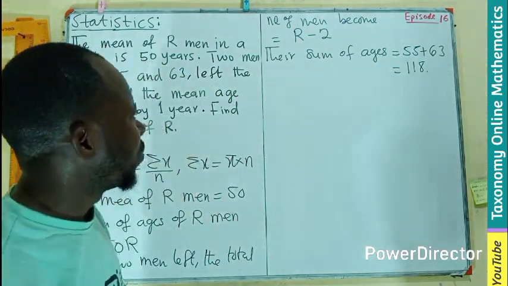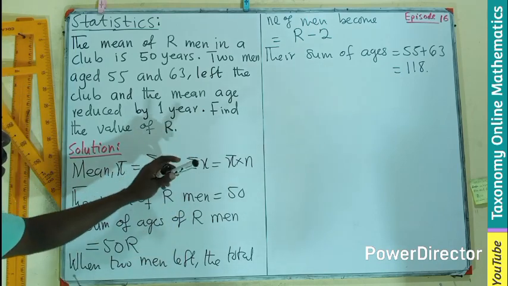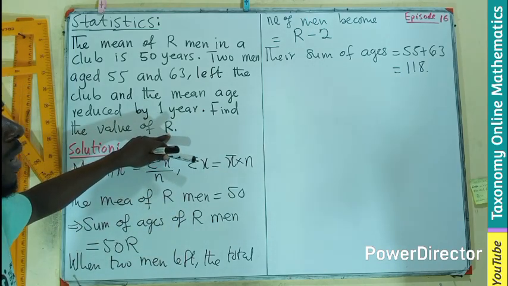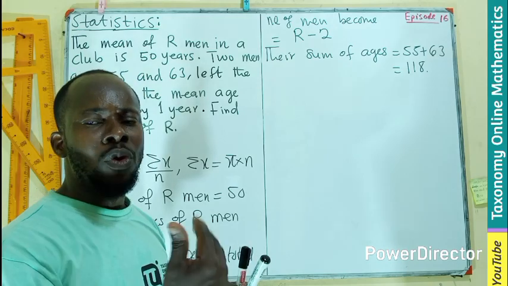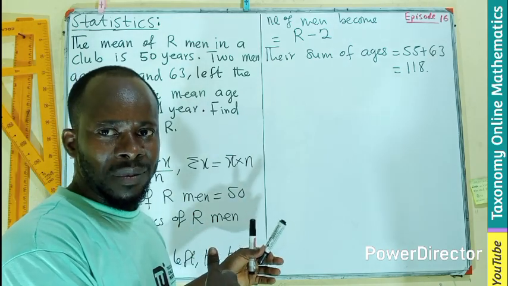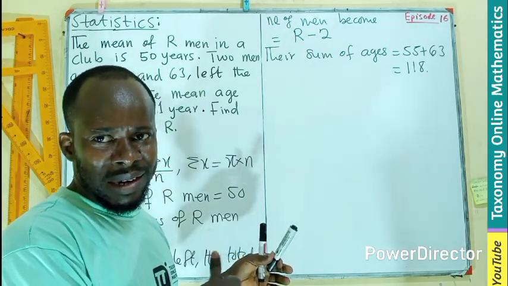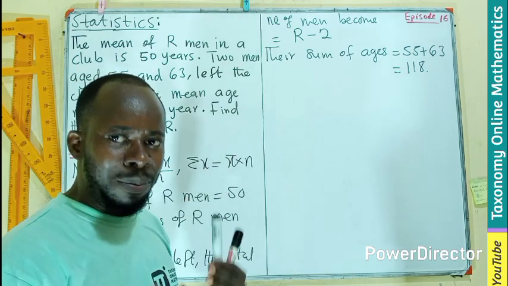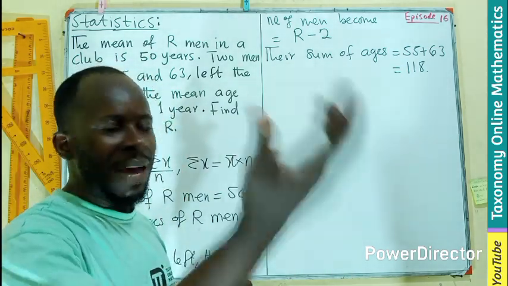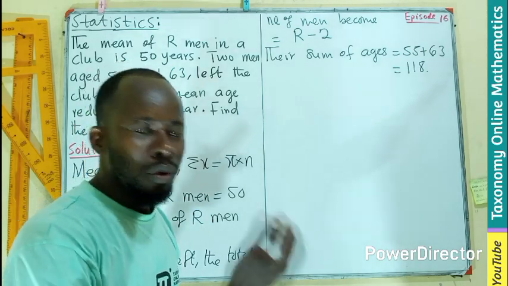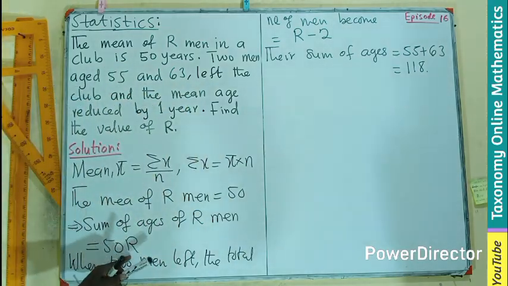Alright. Now what we need to know is that we are looking for the value of R. So we need to know the sum of the ages of those who were left, the remaining people. What will be their sum of ages? We know those who have left, 118. We know those that were there before, 50R.